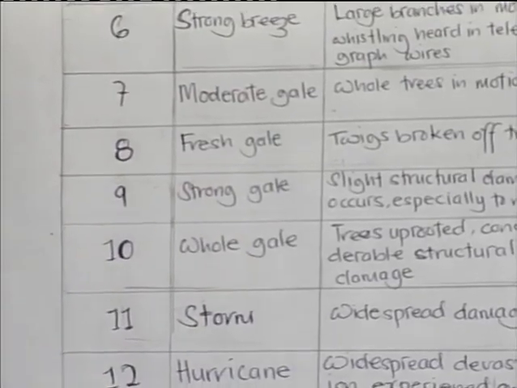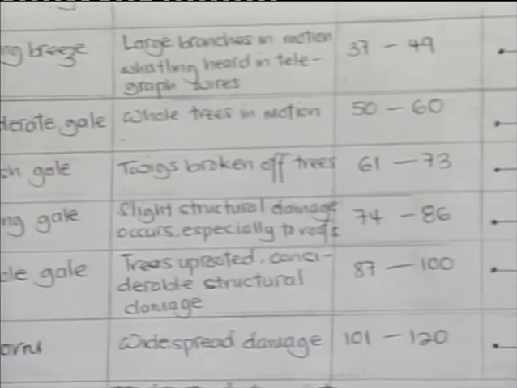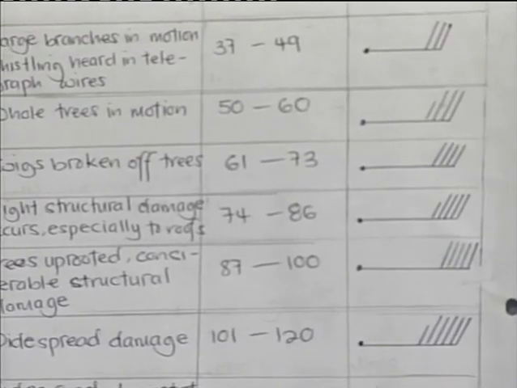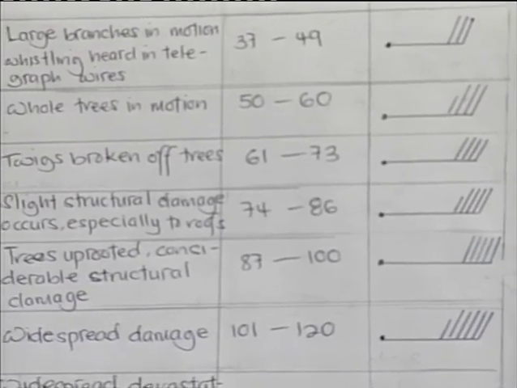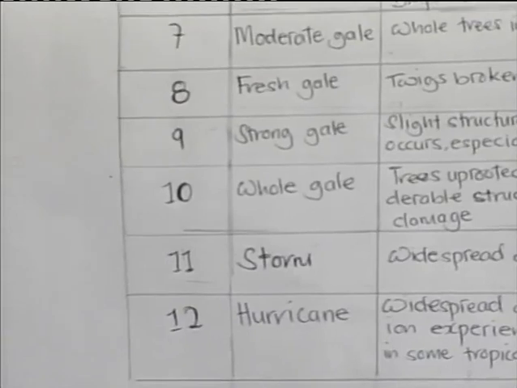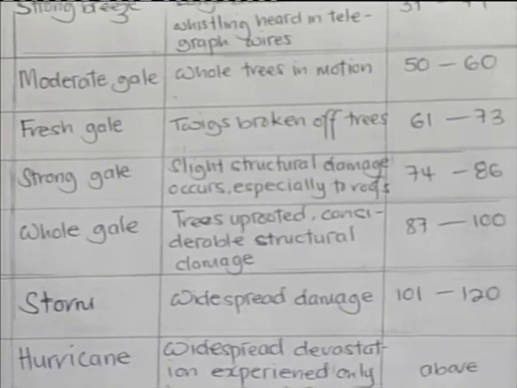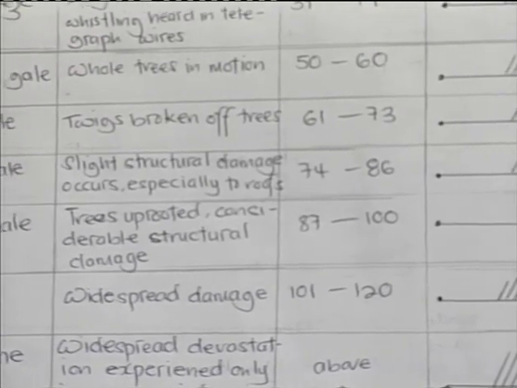Number 8, we have the fresh gale: twigs broken off trees, 61 to 73 kilometers per hour. And we have 4 full feathers on the arrow indication. Number 9, we have the strong gale: slight structural damage occurs, especially to housing roofs, 74 to 86 kilometers per hour.